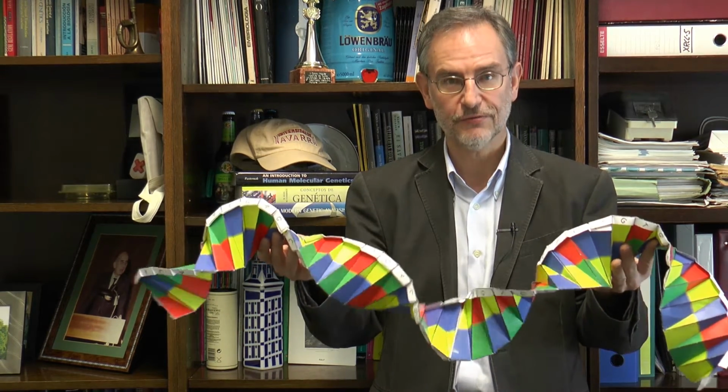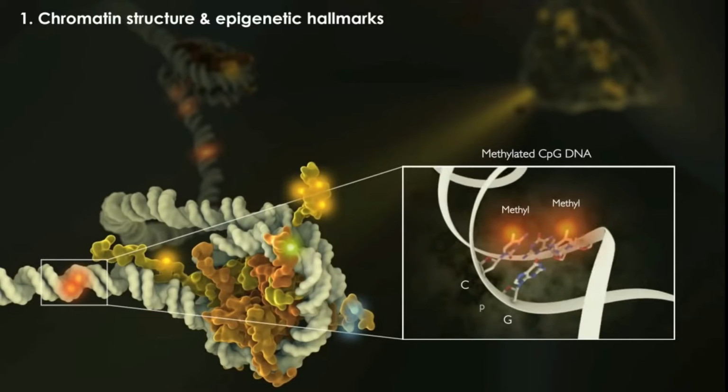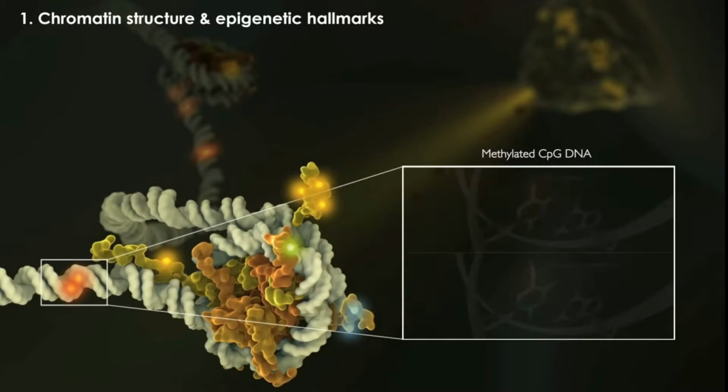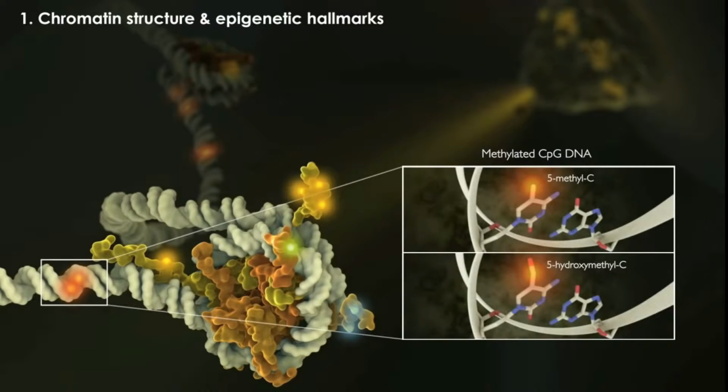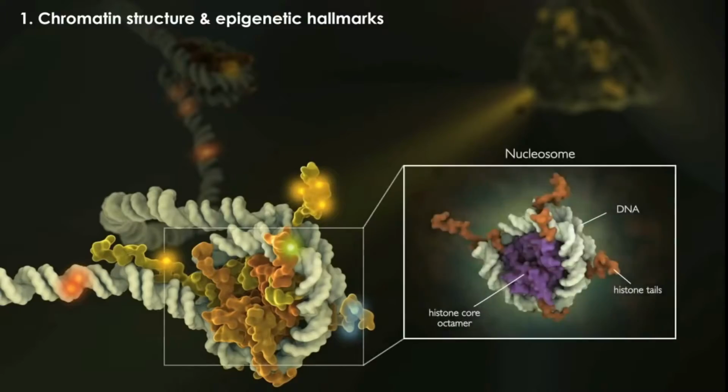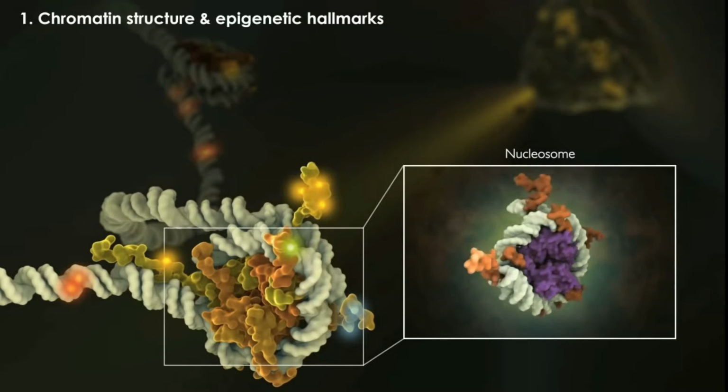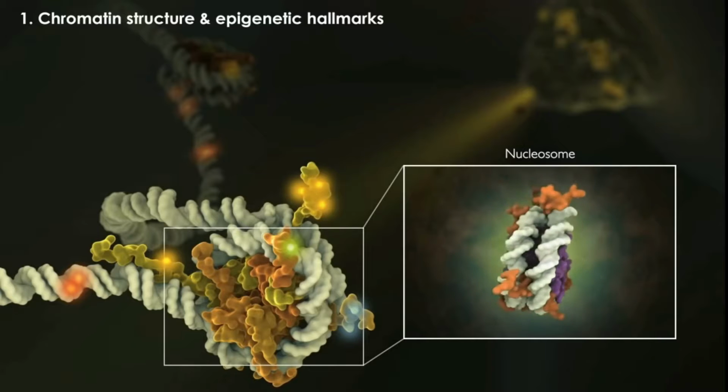There are two major types of epigenetic modifications: the methylation of the DNA, which usually turns down gene activity, and the chemical modification of histones. Histones are the proteins around which the DNA is wound inside the nucleus of the cells. Histone modifications can be either activating or repressive of gene expression.